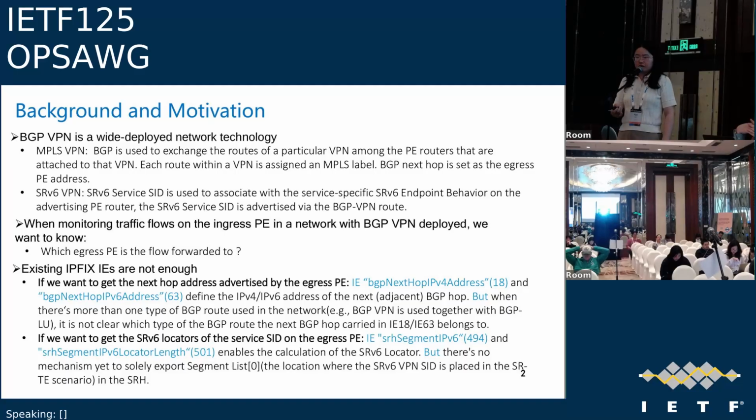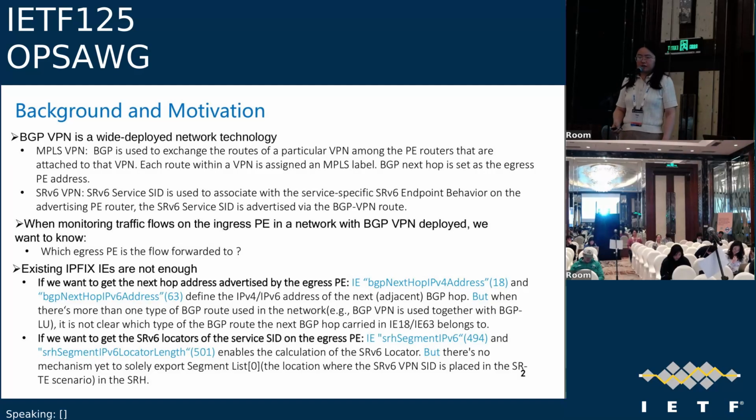But when there's more than one type of BGP route in use in the network, for example, a BGP VPN route used together with BGP LU, it is not clear which type of BGP route the BGP next hop carried in the existing information element belongs to.